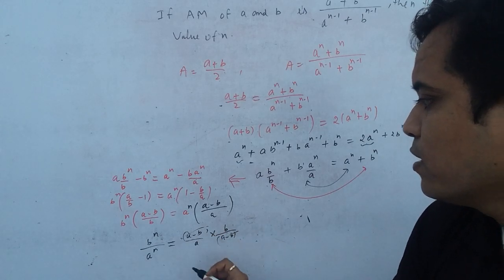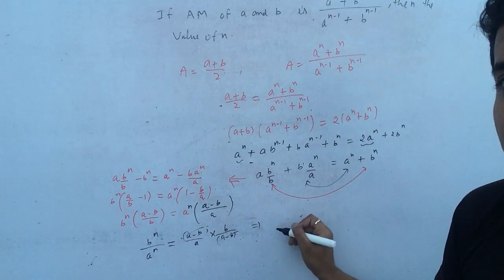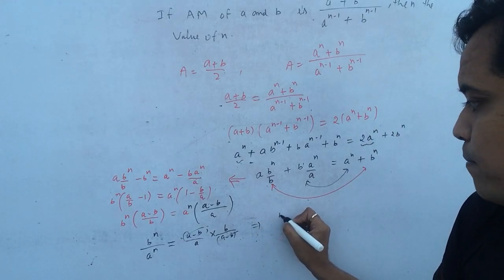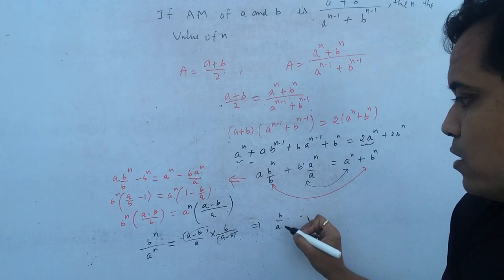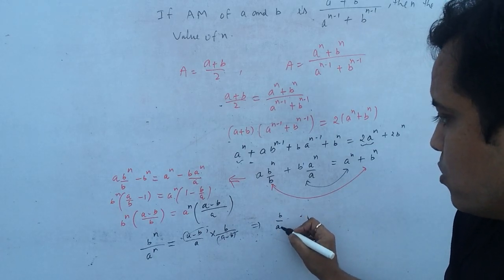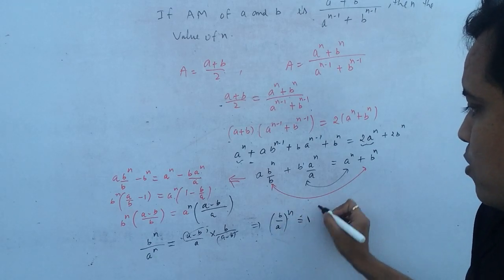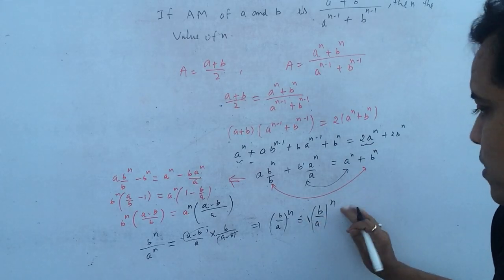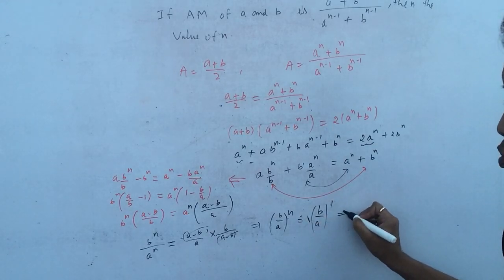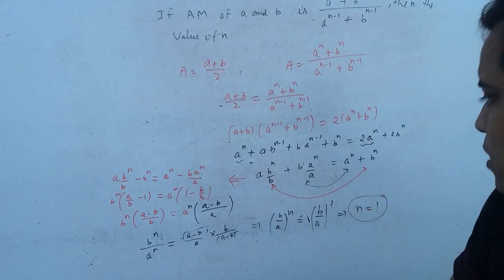Cancel out, and you can say that (b upon a) raised to power n equals b upon a. If the bases are the same, the powers can be equated. So in this way we find n equal to 1.